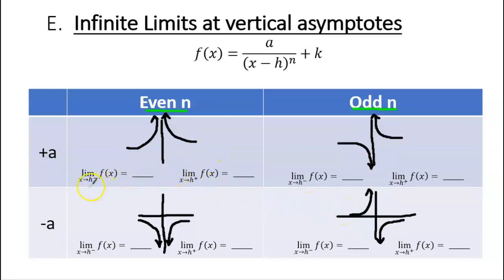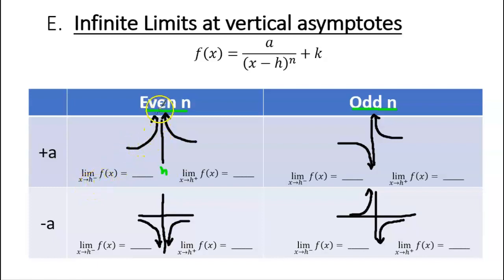And so what I have written now is the same graph chart that I gave you earlier, but now I've got some limit notation in here to describe what happens whenever you are approaching the vertical asymptote. So here, the h represents the vertical asymptote. All right. And this one is saying I'm approaching the asymptote from the left, so that's this side.